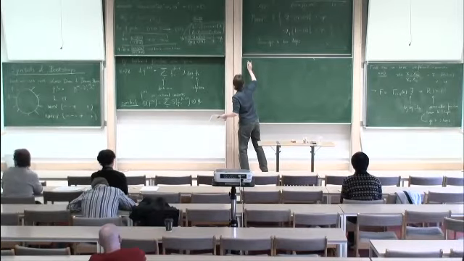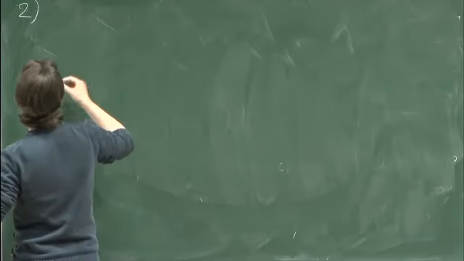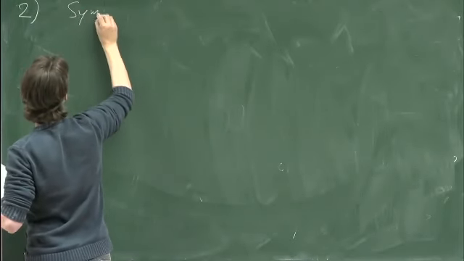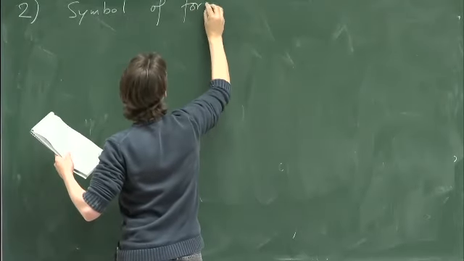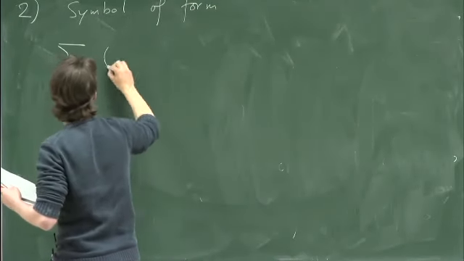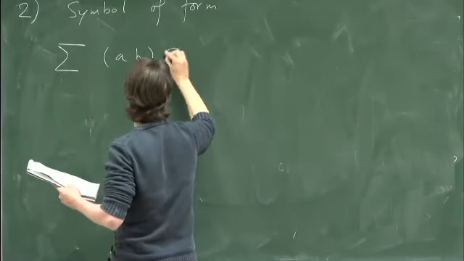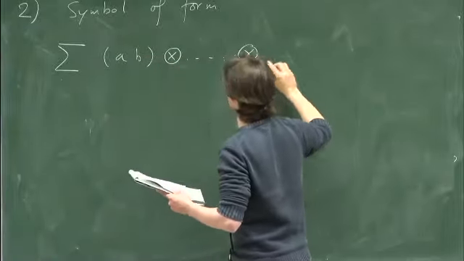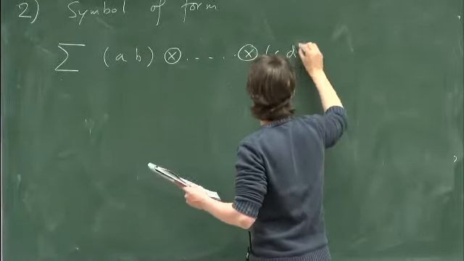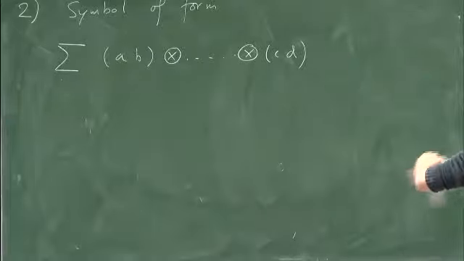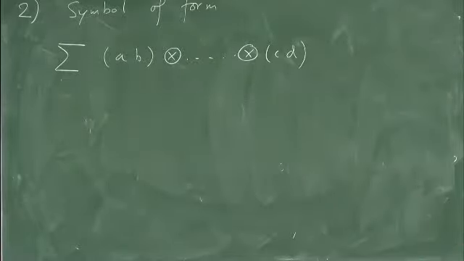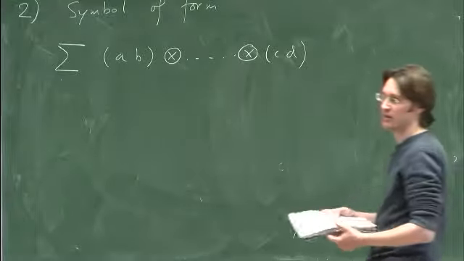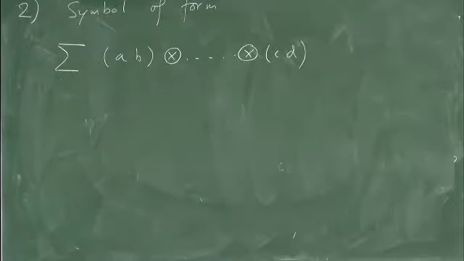So we're going to assume that the functions appearing have a symbol, essentially. Moreover, we're going to assume that the symbol takes the form of a sum of terms, each of which can be written in terms of these two brackets that I like to introduce. So it's a sum over, so degree k, so there'll be k entries in this tensor product. Each entry is a 2 bracket, and then a sum of terms like that.